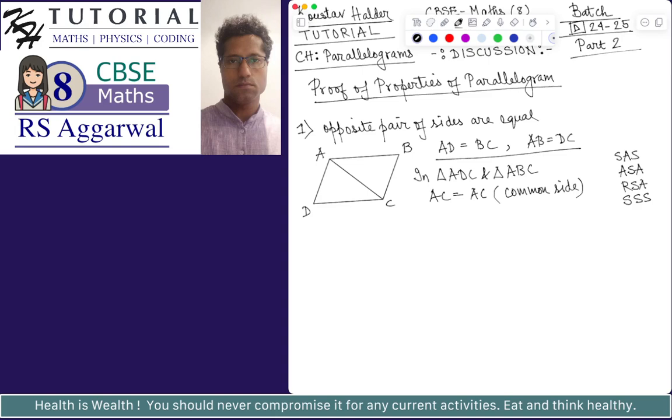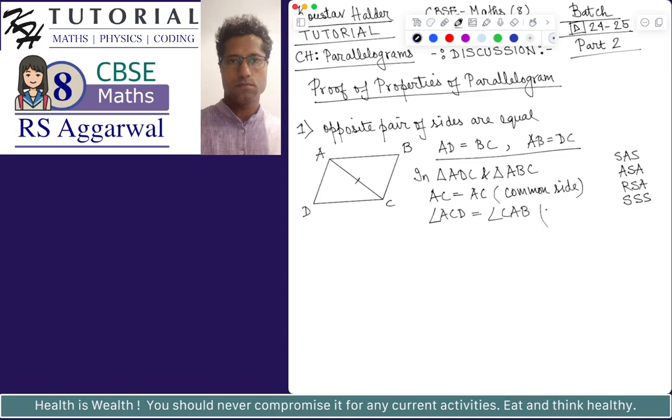Okay, so in triangles ADC and ABC, we see that AC is the common side, and also we see that angle ACD is equal to angle CAB.